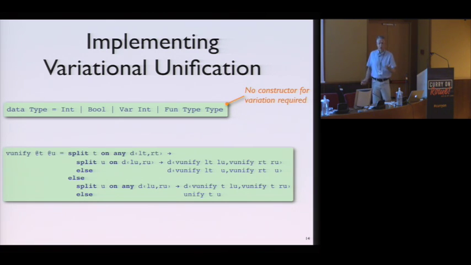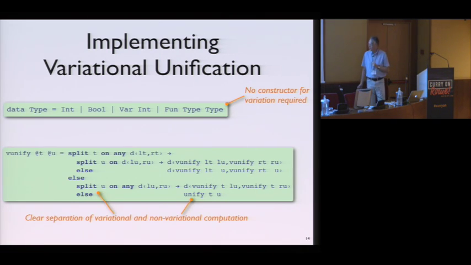And finally, if there's no variation in either type, we can simply defer to a traditional unification algorithm. So the nice thing about this is that it's rather short, and more importantly, that the variational computation is clearly separated from the non-variational one. So this supports the modular writing of variational programs.